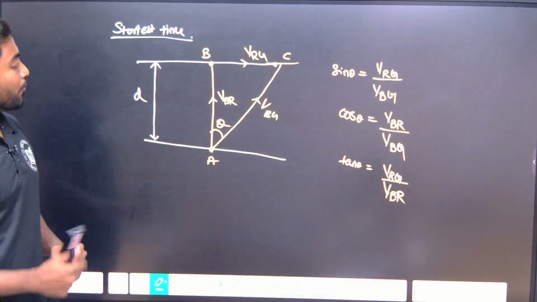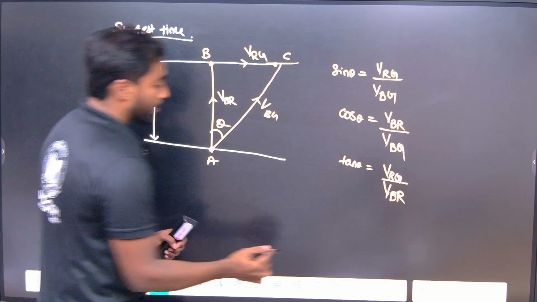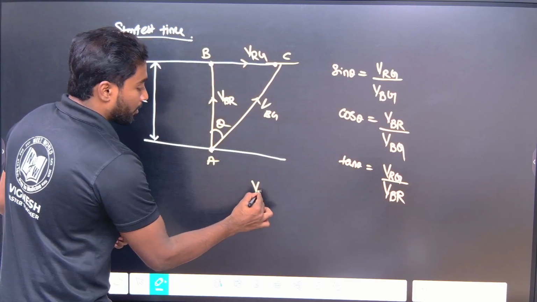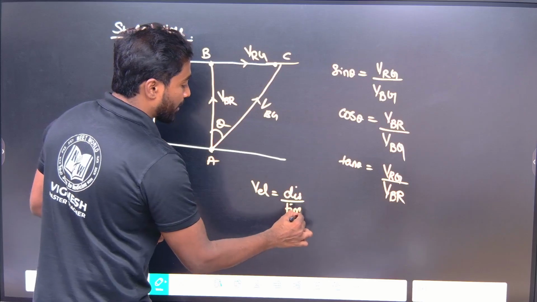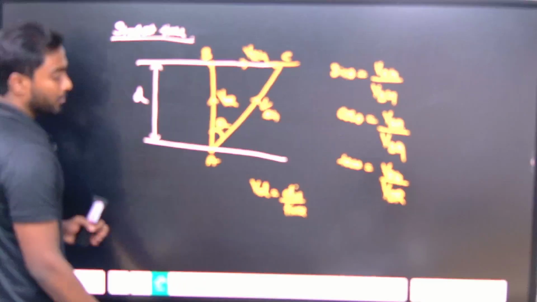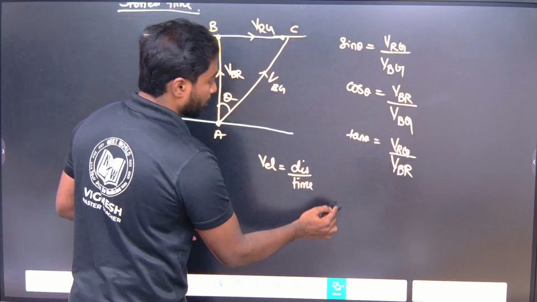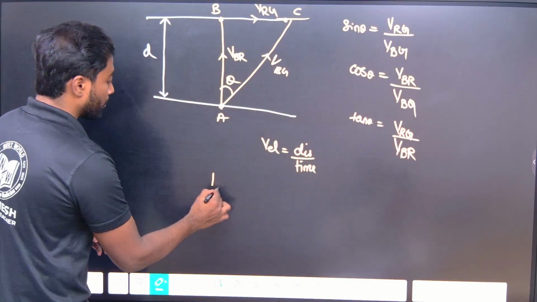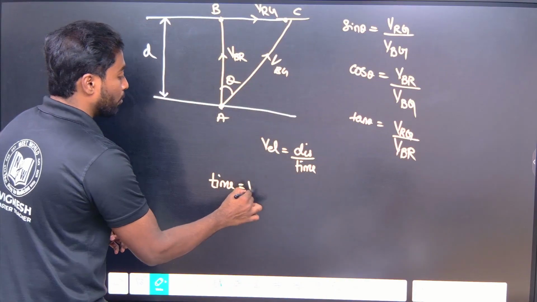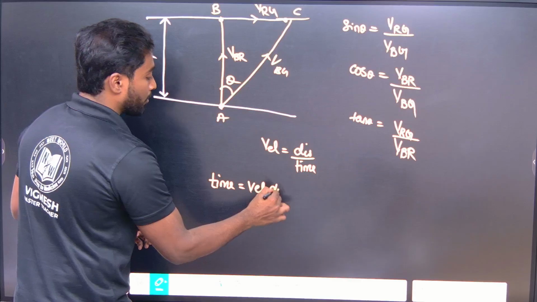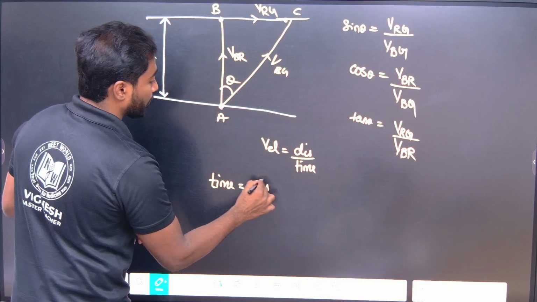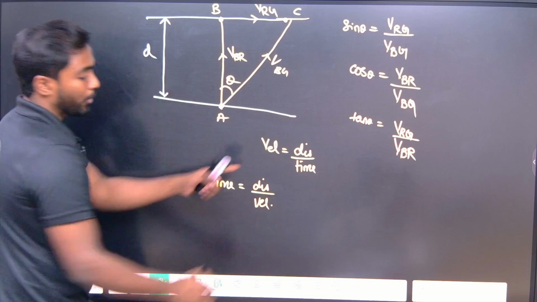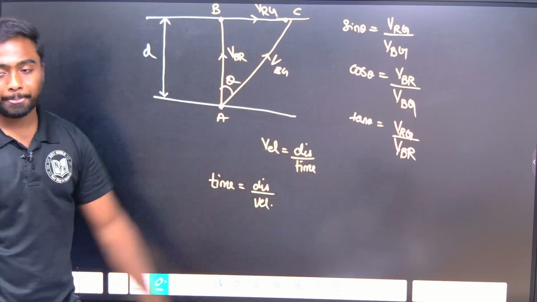Now if I want to find the time, velocity equals displacement by time, so time will be equal to displacement by velocity.